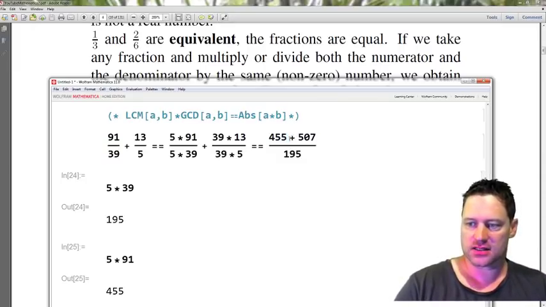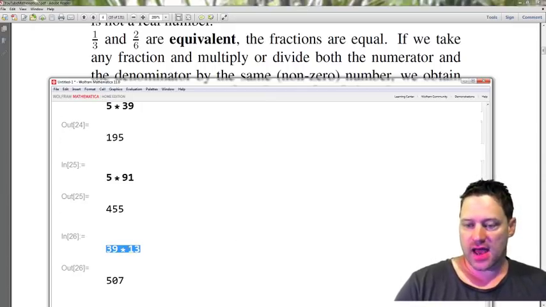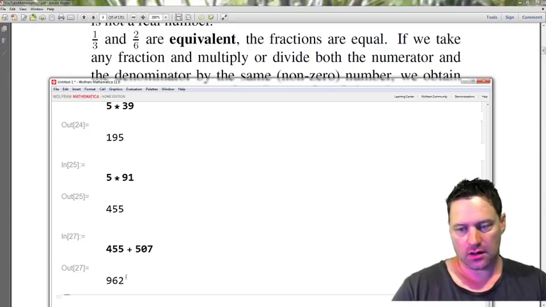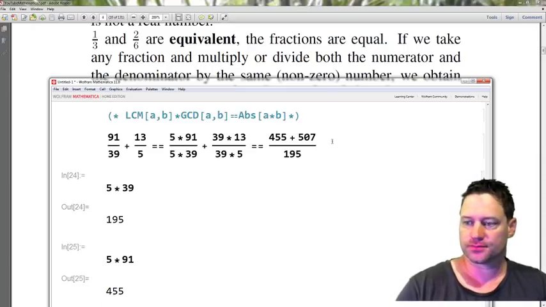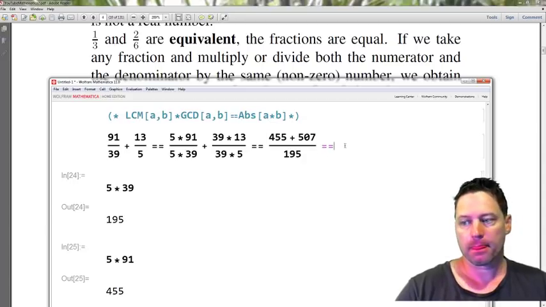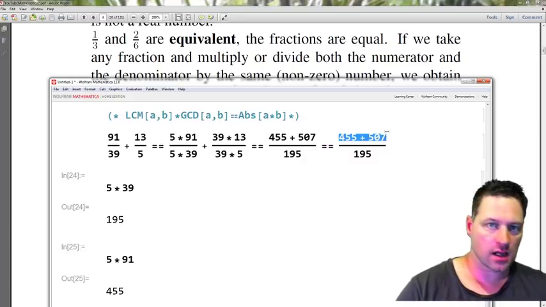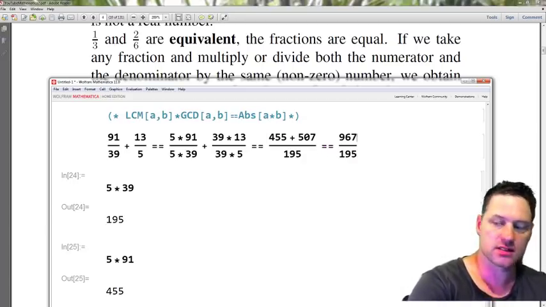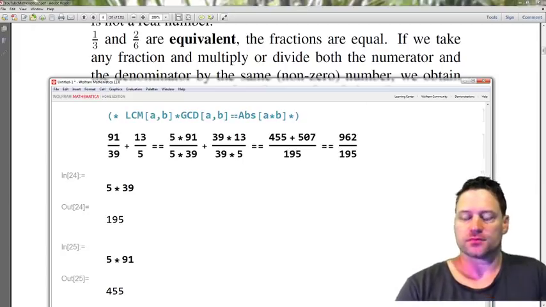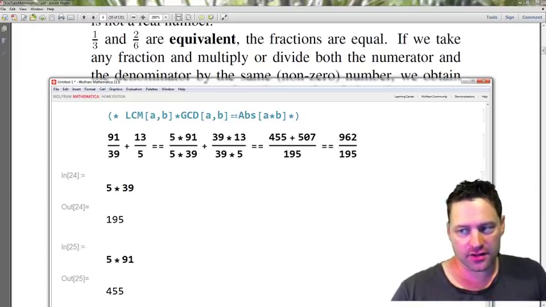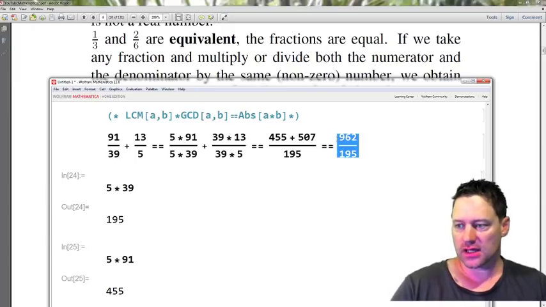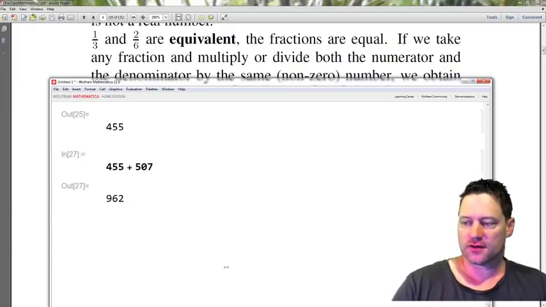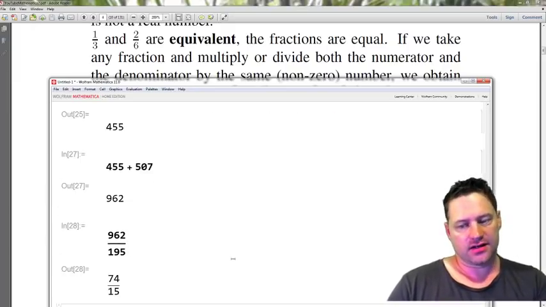Okay, 507, and now we need to add these, right? So I'll copy this down here, and I'll calculate that. Okay, 962. All right, now we have added those fractions. Let's just double check if there's anything to reduce.